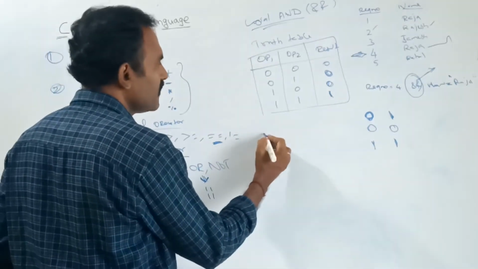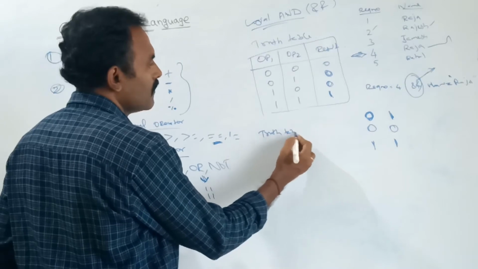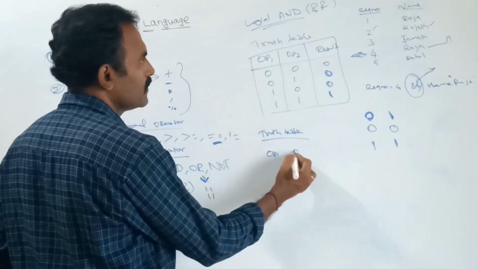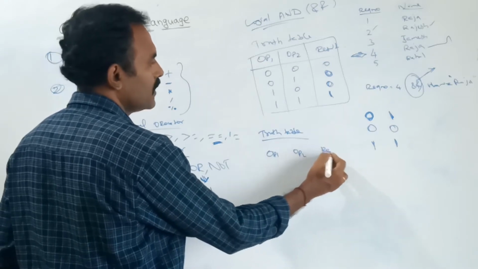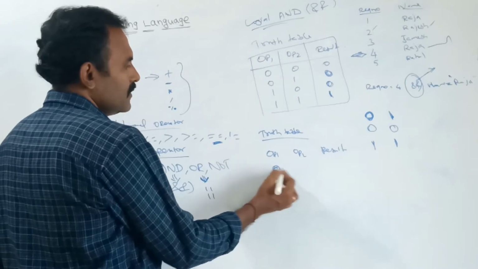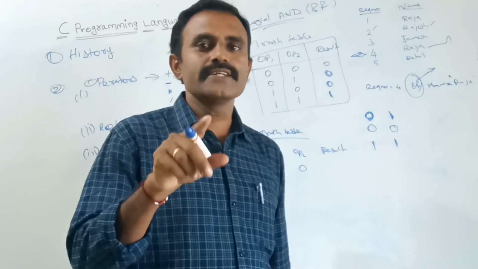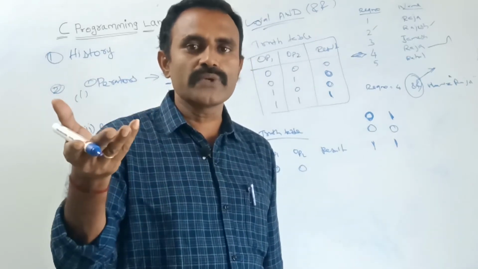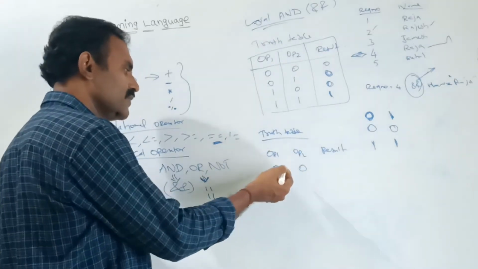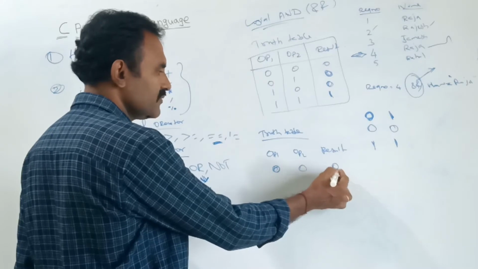The truth table for the logical OR operator has operand 1, operand 2 and result. If any one condition is true, the result will be true in the OR operator. If both the conditions, condition 1 and condition 2, are false, the result will be false.